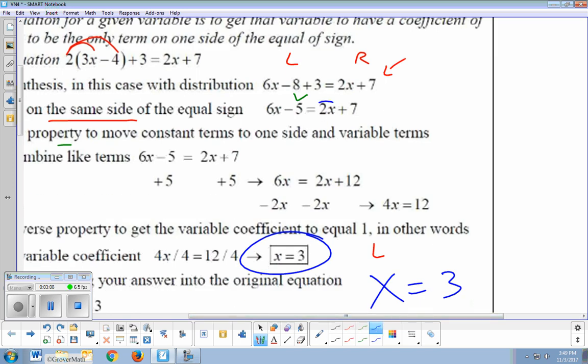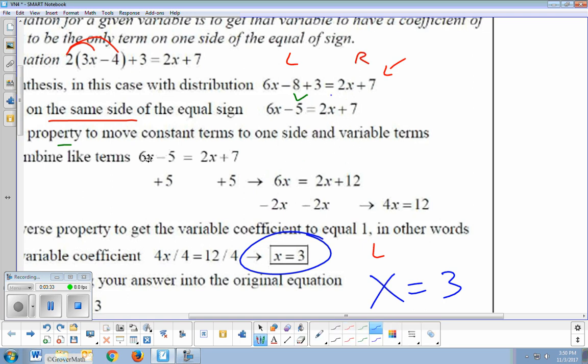I can't just take this 2x, bring it over here and make it 8x, because equations are balancing acts. If I add 2x over here, then I have to add 2x over here, but then that makes this 4x. And how does that help? I'm trying to only have one x term. So I have to figure out a way to move this term and combine it with this term, but also eliminate it over here at the same time.